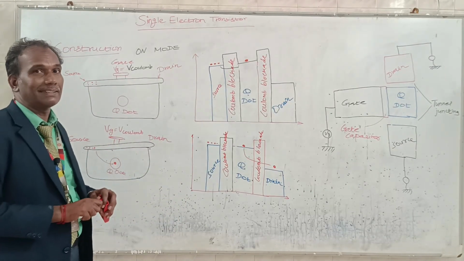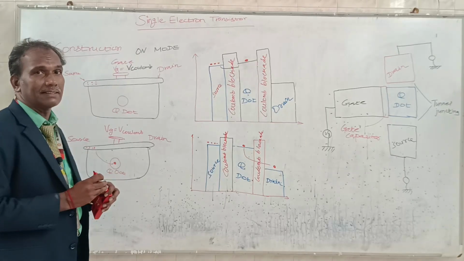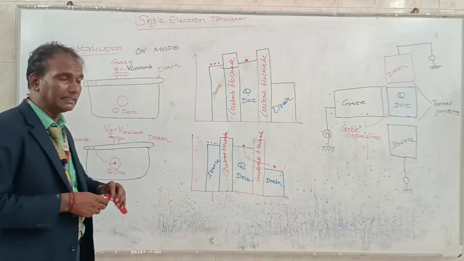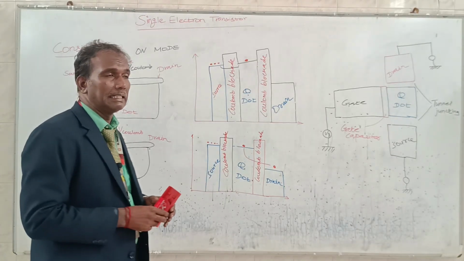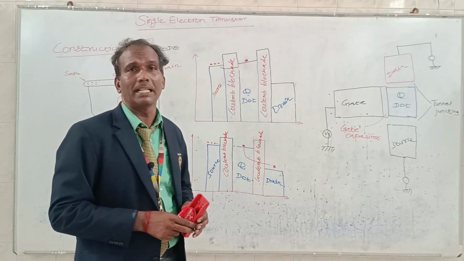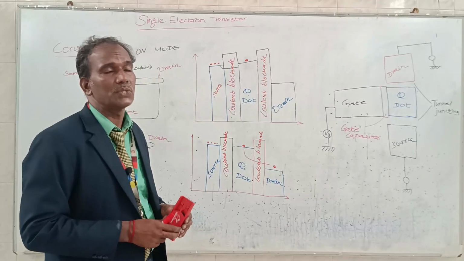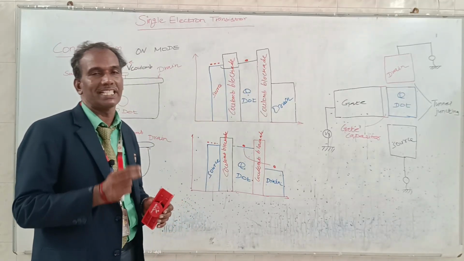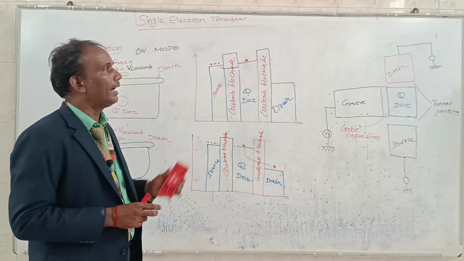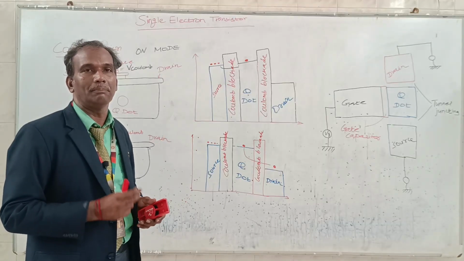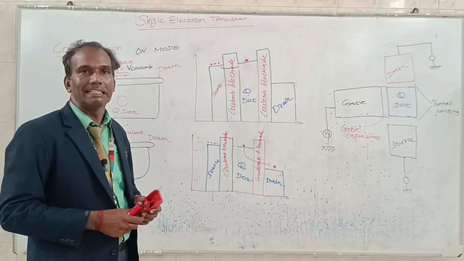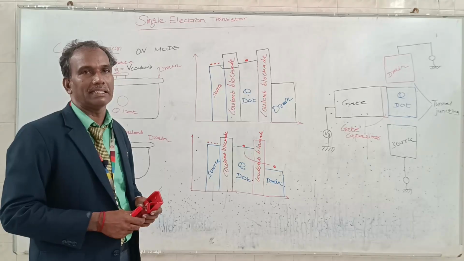Let me summarize the single electron transistor. As we discussed earlier, the single electron transistor is a transistor used as a small switching device, and also for transferring and amplifying signals.